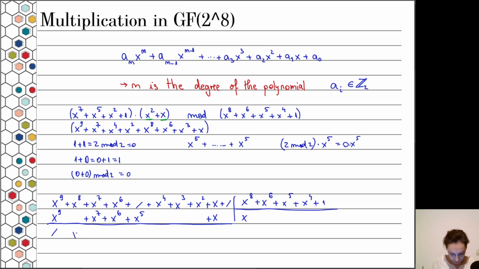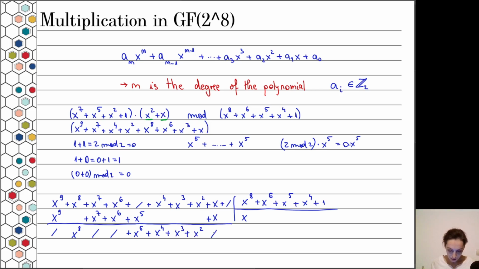We will have x powered by 8 plus 1 plus 1 is 0, so we will have nothing here. Okay, nothing here, nothing here, plus x powered by 5 plus x powered by 4 plus x powered by 3 plus x powered by 2.